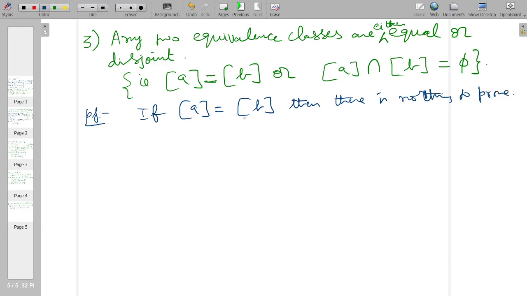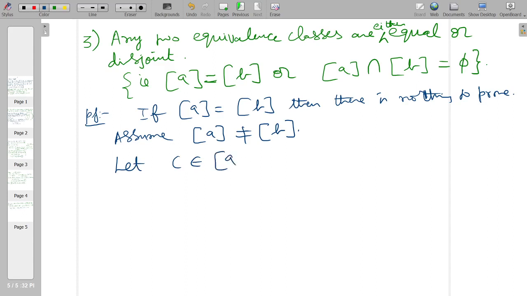So I assume equivalence class of A is not equal to equivalence class of B. Okay, so now if they are not equal, then I have to show that the intersection of two classes should be empty. Now what I do is, I assume let C belongs to equivalence class of A intersection equivalence class of B.